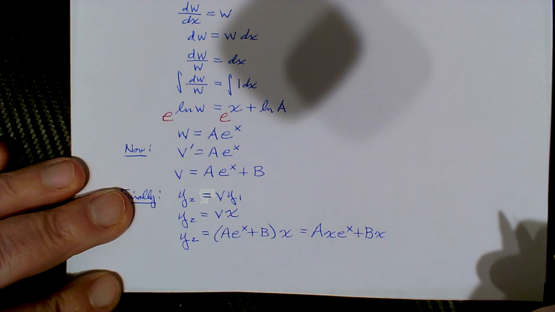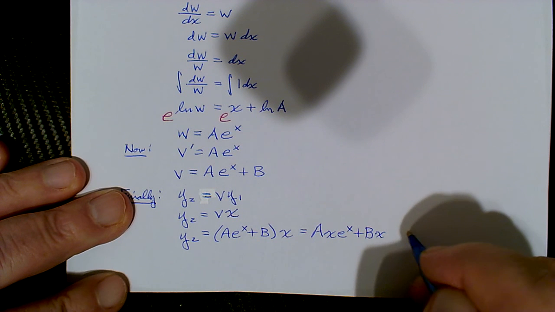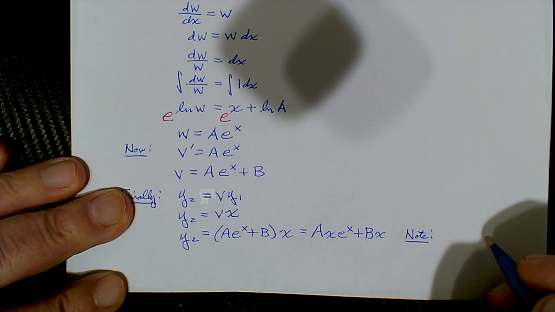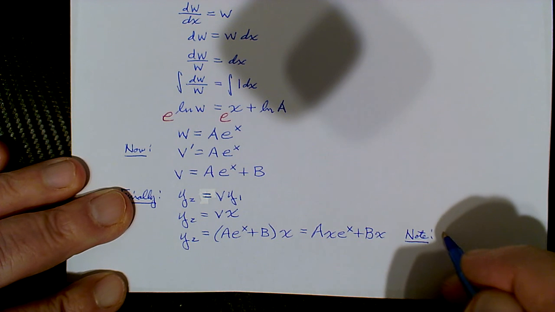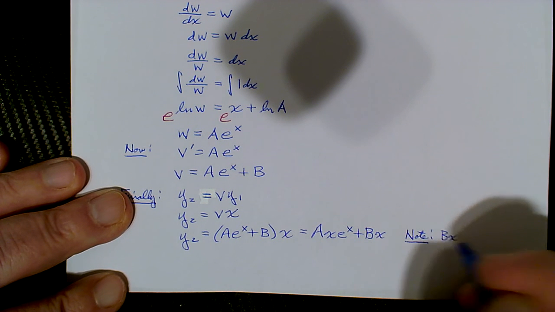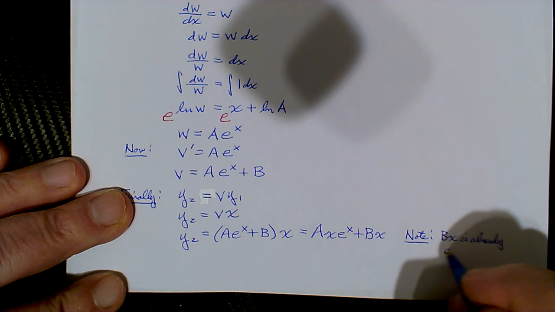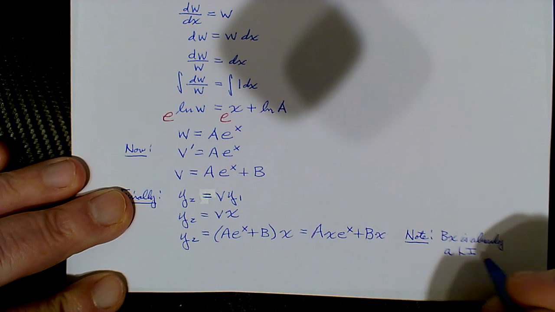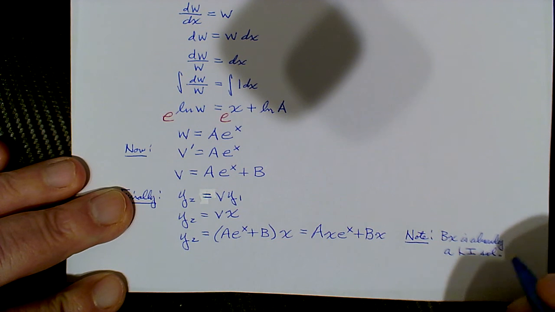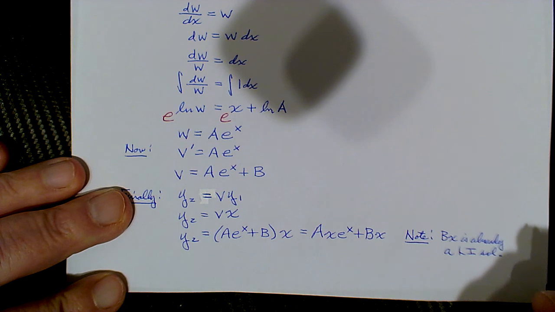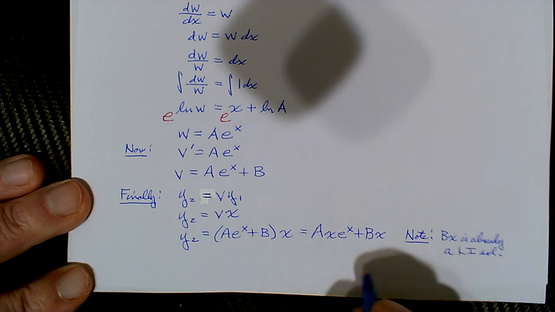But then this always happens like last time. I write it as a note. You don't have to write the note, but the term containing b is always already a linearly independent solution, because we had that y1 was equal to just x. So we choose our constants appropriately.